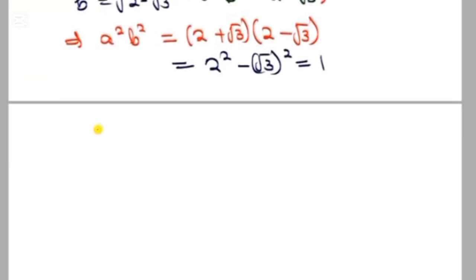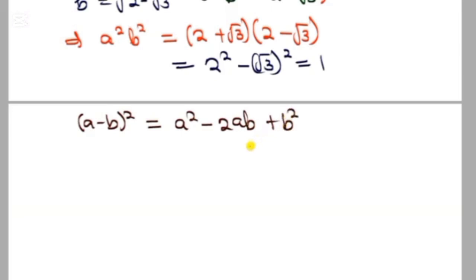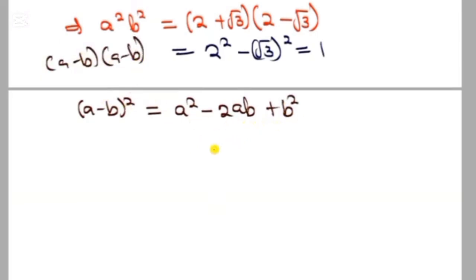Now you recall from quadratic equations that if I take the square of a minus b, this is the same thing as a squared minus 2ab plus b squared. Kindly, when you open this bracket, that's a minus b multiplied by a minus b. If you do that, you would, of course, get this.